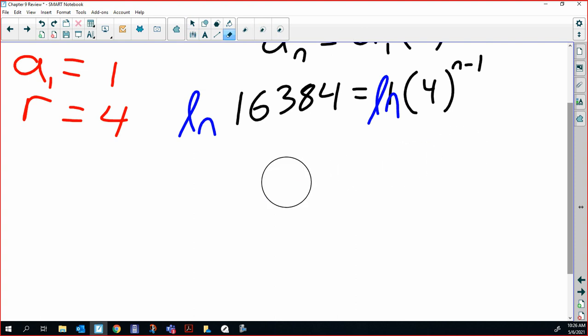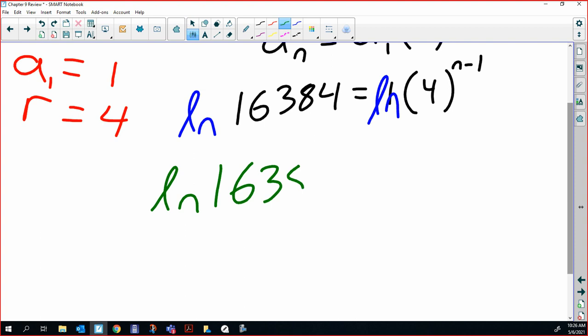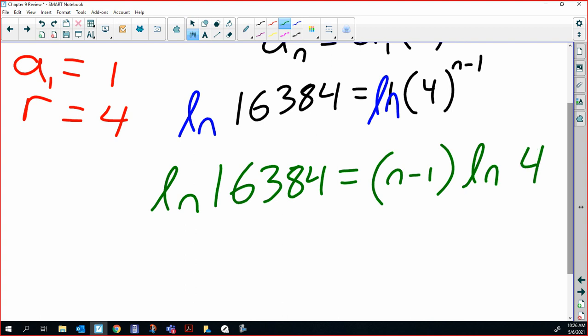Or you do it the log way. When you do the log thing, you move exponents to the front. This is on your final, so you might as well review it. Exponents move to the front. Divide.